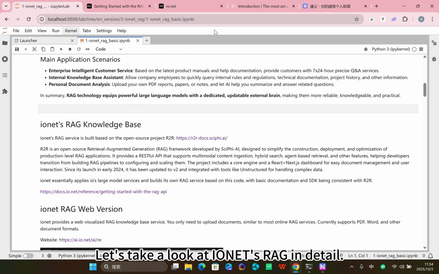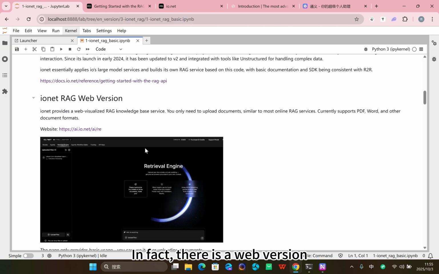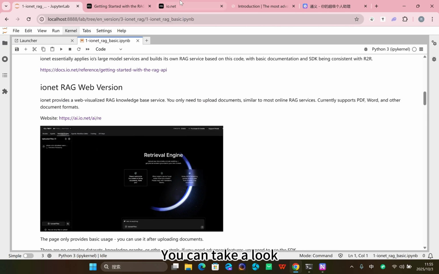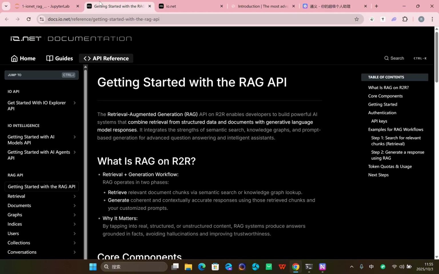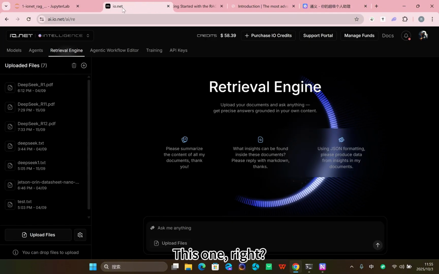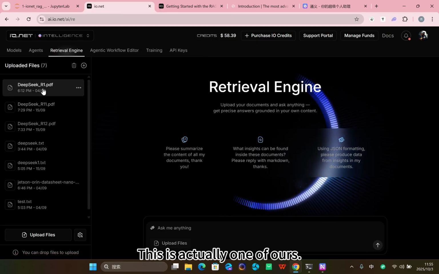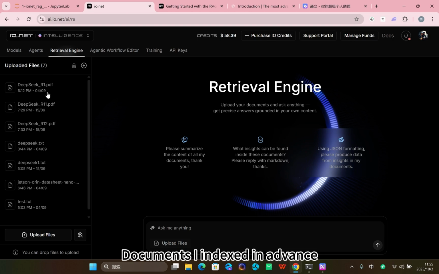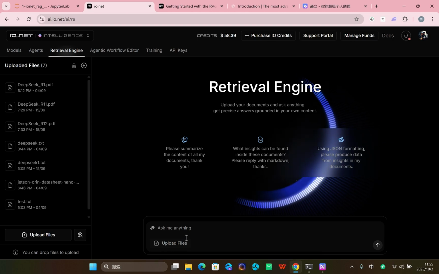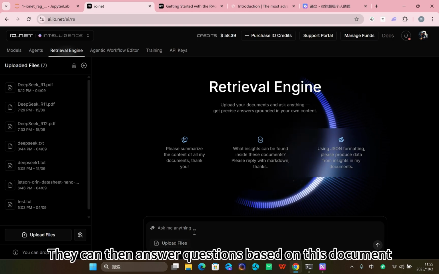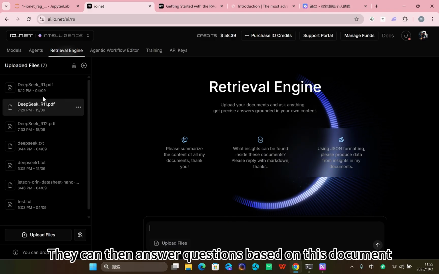Then, let's take a look at IONET's RAG in detail. First, there is a web version you can take a look at. These are documents we indexed in advance, and it can answer questions based on these documents.